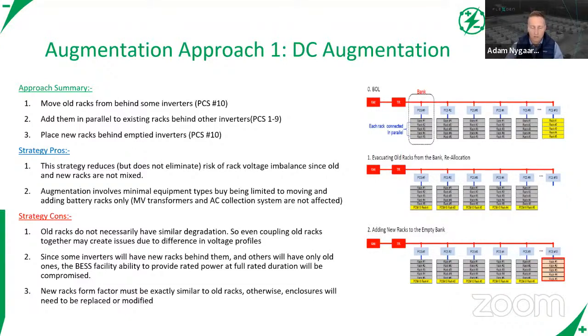So again, just want to enforce that the energy management system is what's dependent on balancing all of this and keeping it kosher.